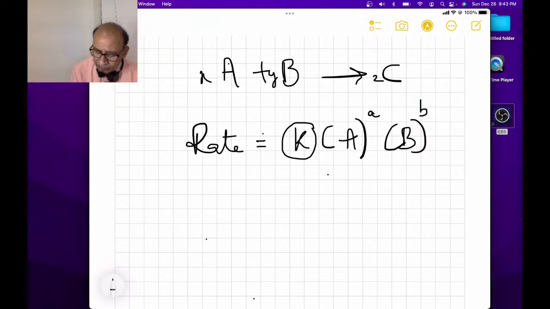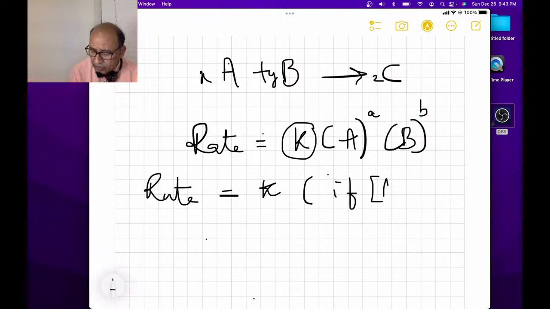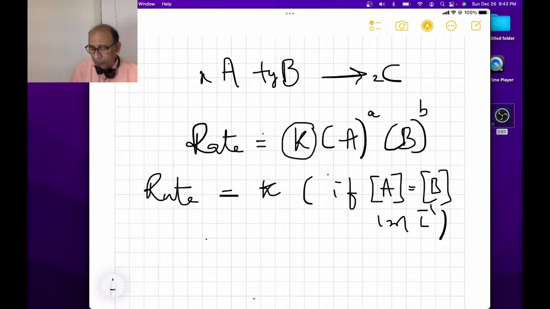What is K, sir? You know very clearly that rate is equal to K if concentration of A is equal to concentration of B is equal to 1 mole per liter. So when the concentration of reactants is taken as unity, the rate corresponds to the value of the rate constant.